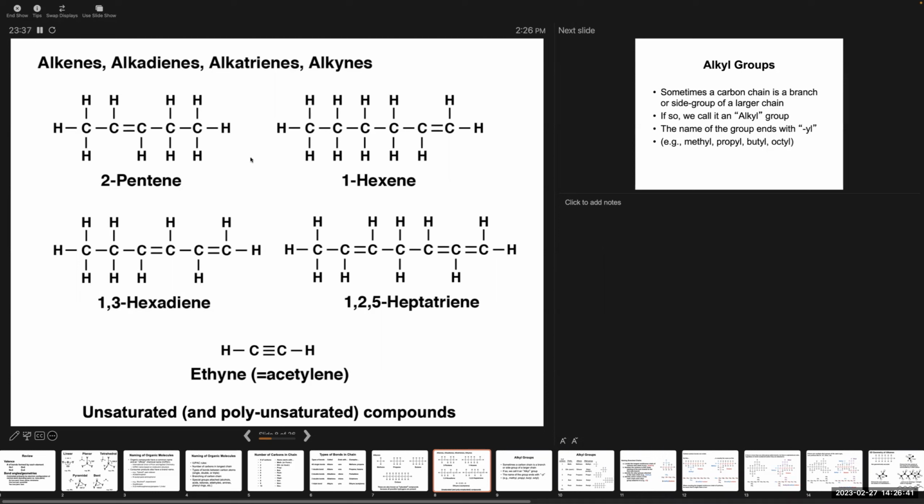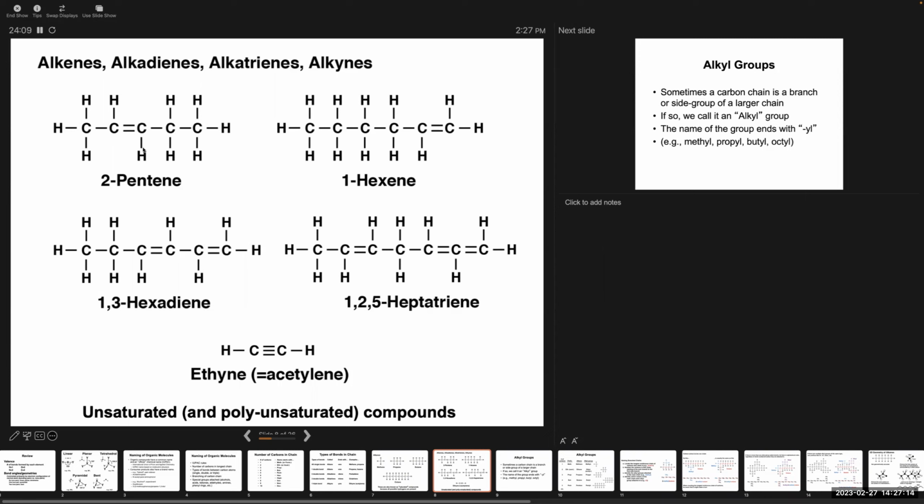Now, before I move on, imagine that this molecule is floating around in 3-dimensional space. They're not always going to have the number 1 carbon over here on the left and the number 2 carbon next to that and the number 5 carbon at the far right. I mean, just imagine that this thing spun around in 3 dimensions. We number the carbons in the chain starting at the end that's closest to the first unique thing.